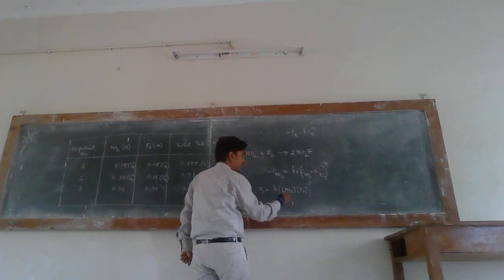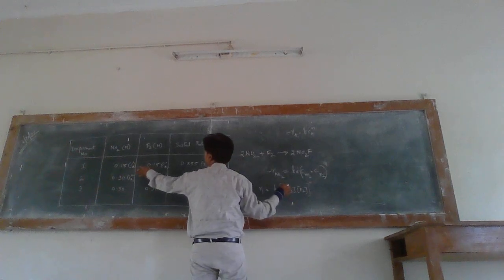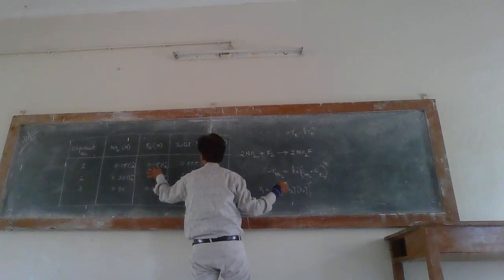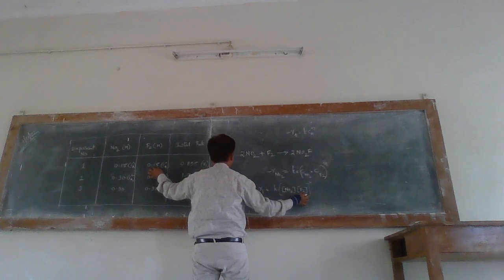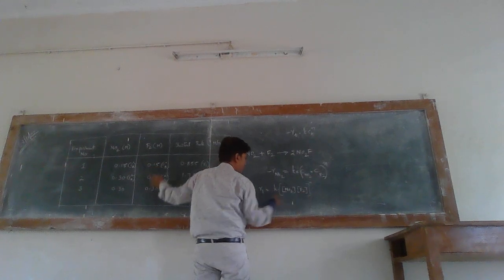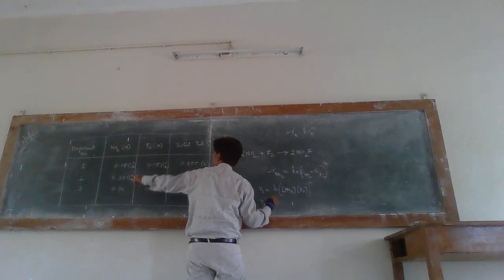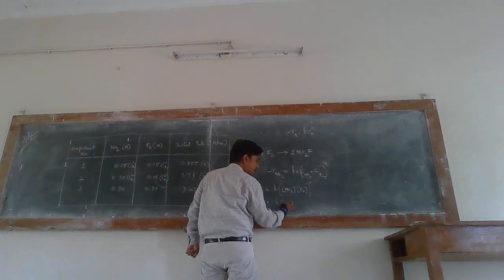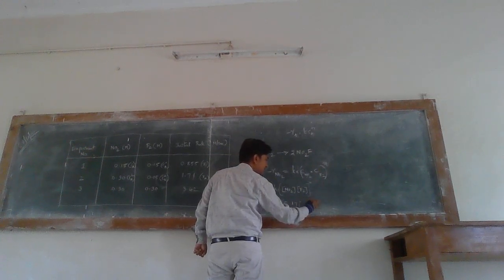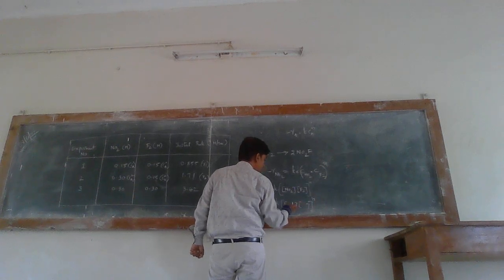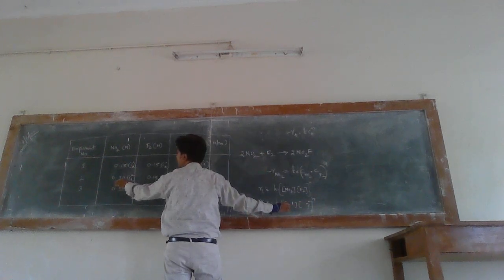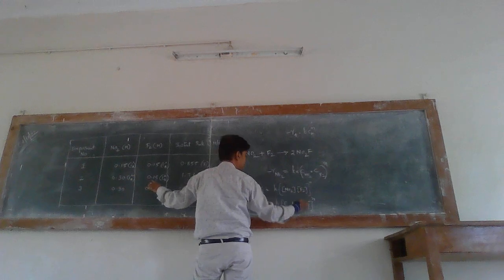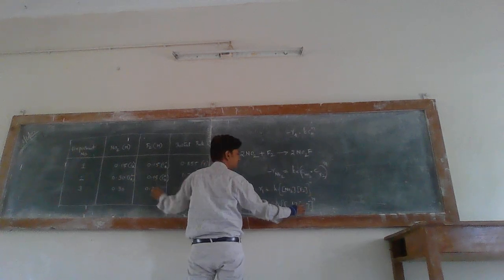So for the first experiment I will keep these concentration values. For the second experiment, the constant K will be the same, it will not change, and n is the same, which I don't know. Here I will keep the concentration of NO2 for the second experiment as this value, and the concentration of F2 as this value.